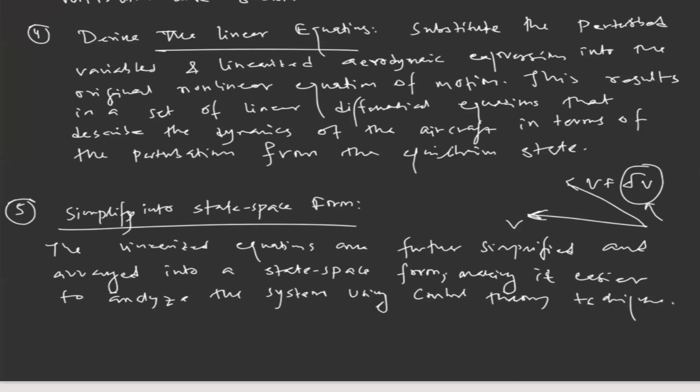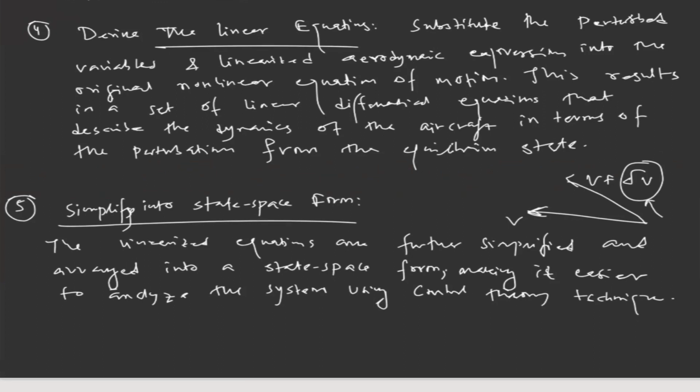Since in this course we are dealing with linear control theory, the system needs to be written into linear form. That is the main motivation why we need to consider this perturbation theory. If you are designing nonlinear control, we can take the equation as it is and move on. Nonlinear equation we can take as a reference dynamics and design the control. Since we are designing classical control or modern control for this aircraft system, the system needs to be written into linear form.